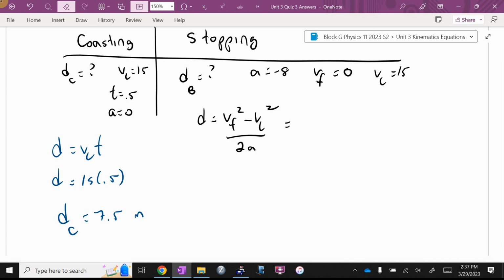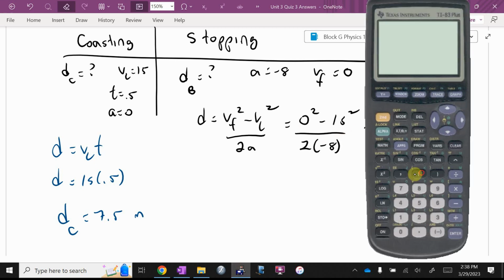Okay, it's going to be 0 squared minus 15 squared all over 2 times -8. This is a fraction, brackets around the top, 0 squared minus 15 squared, close bracket. -8 point, Mr. Dueck? -8. Is that right? Did I make a typo?